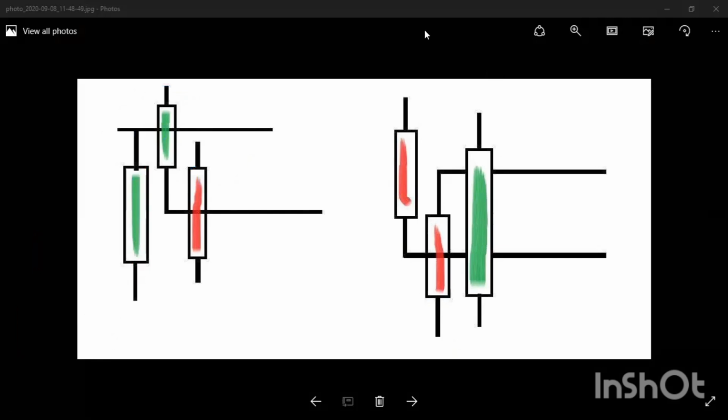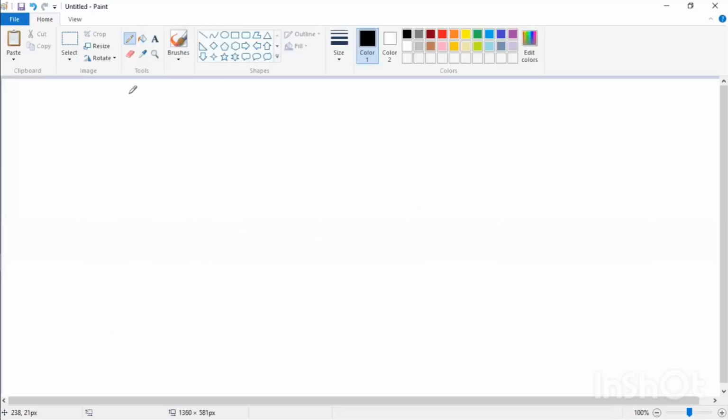So now, when you are marking your market structure, when price goes up to make a higher high and it comes down, what you should always do is take your trend line and mark the last higher low and the new higher high.